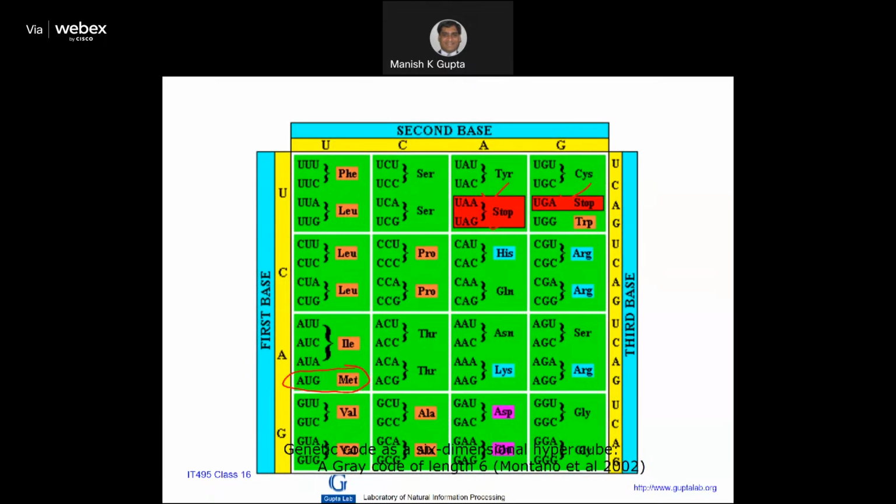For example, leucine, LEU. LEU, how many? So those are UUA, UUG, CUU, CUC, CUA, CUG. So in some species, one particular codon is used.